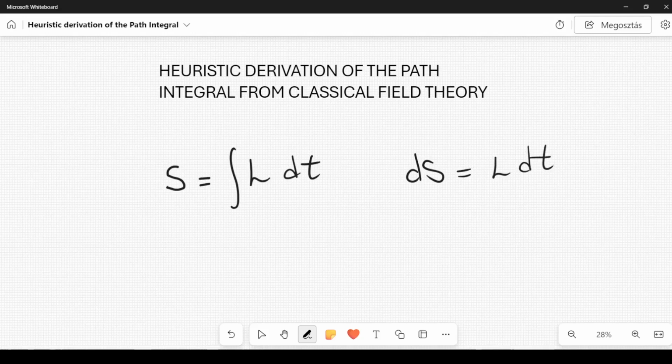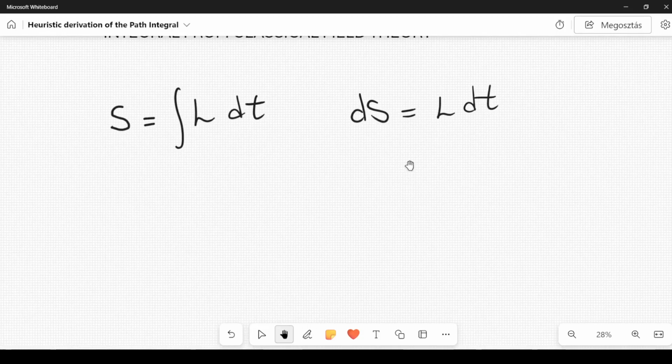Let's consider the action. In general, an action in physics is written as an integral of the Lagrangian over time. So integral L dt, and the differential of the action can be written as the Lagrangian dt. Then, at this point, one can remember that the Lagrangian can also be expressed in the following manner.